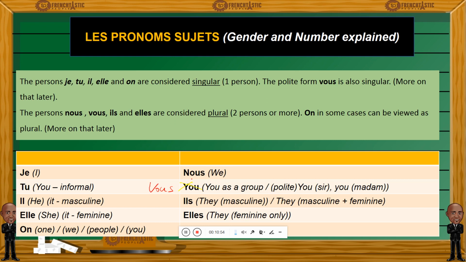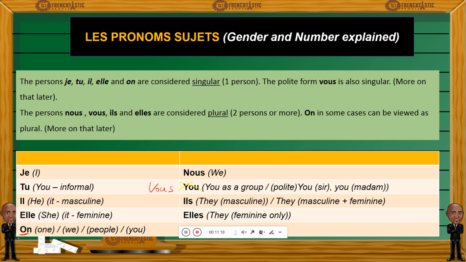Now, those pronouns that you see here to the right, nous, vous, il, and elle, are considered plural. Okay, that means two persons or more. And sometimes on, that two-letter subject pronoun that you see here, is in some cases considered plural.